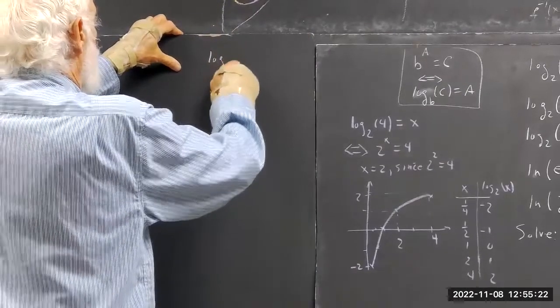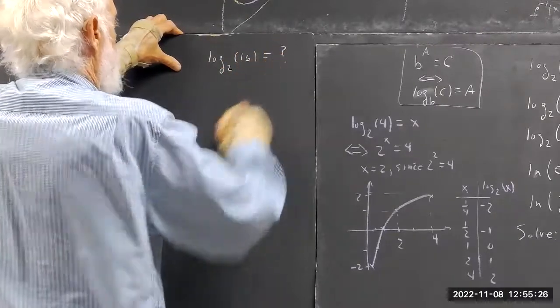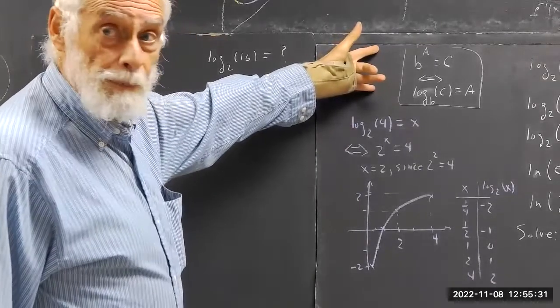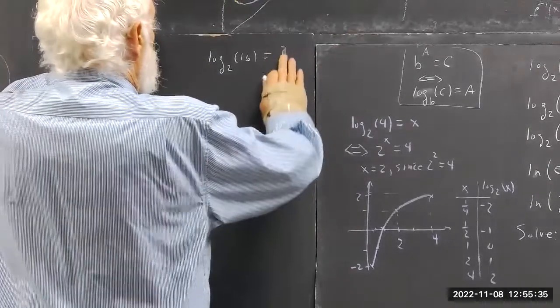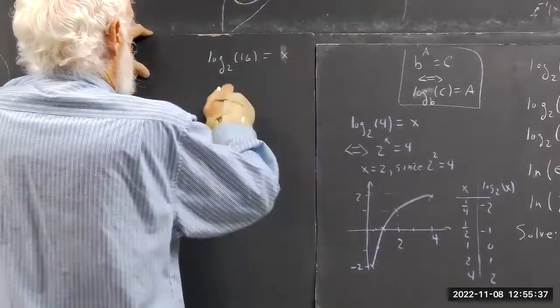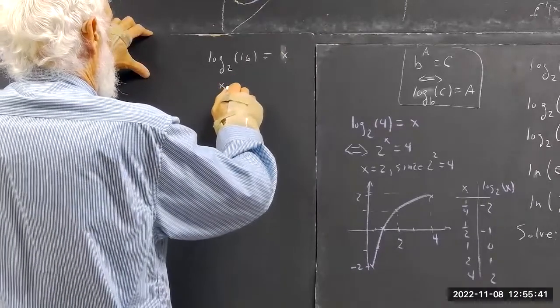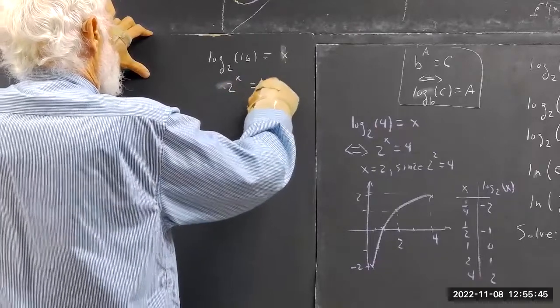Think about log base 2 of 16. You can use these relationships and you can invert this to say, okay, log base 2 of 16 equals x means that 2 to the x equals 16.